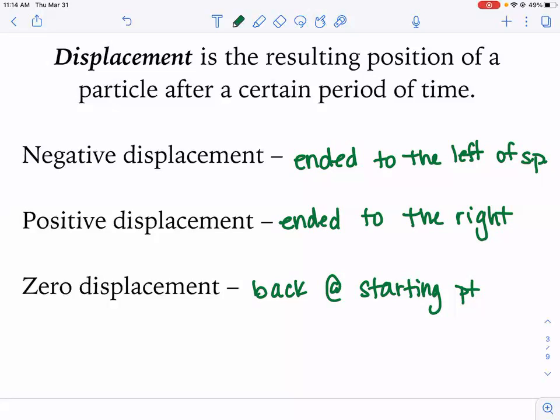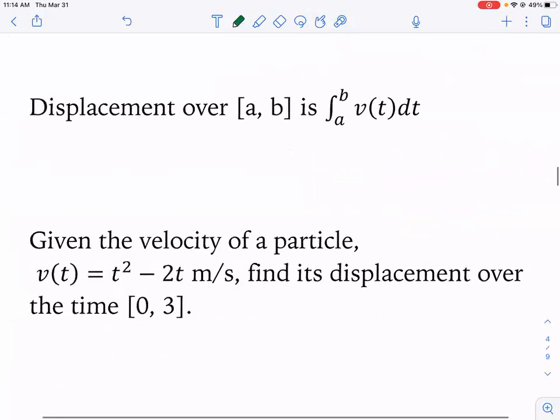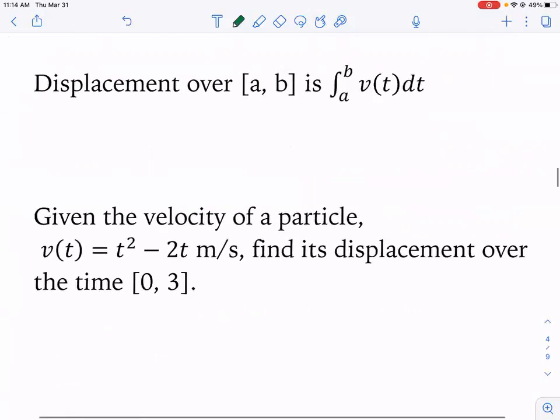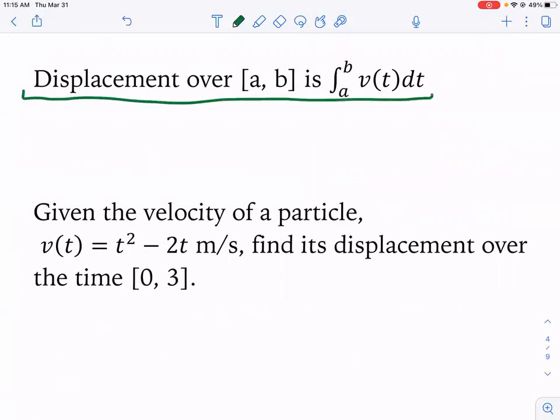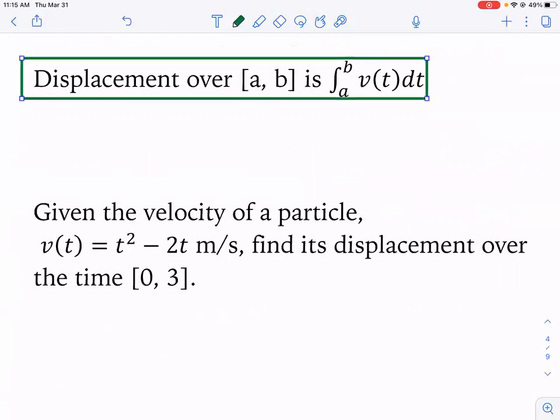Okay, so to find displacement, we are going to take the definite integral of velocity.